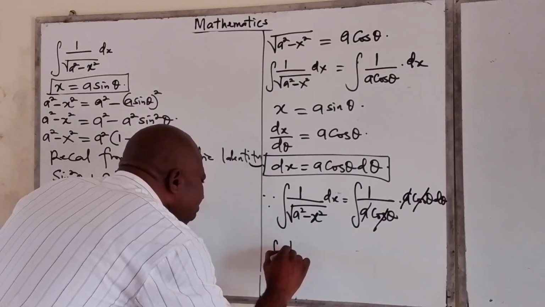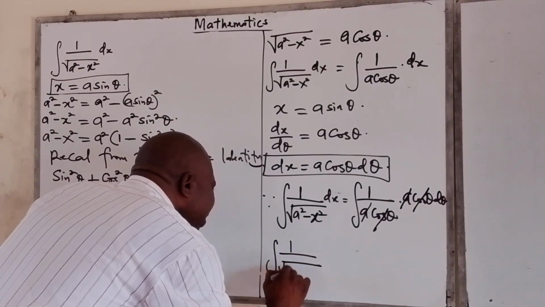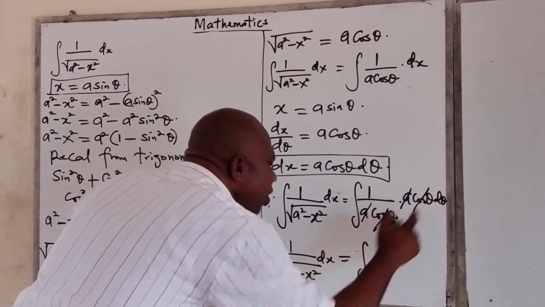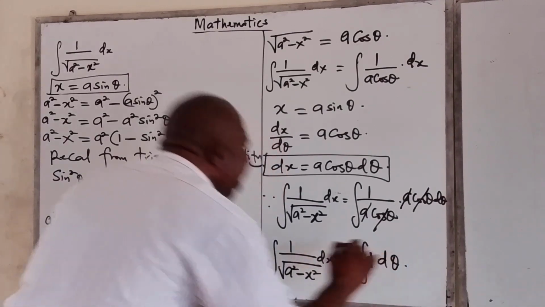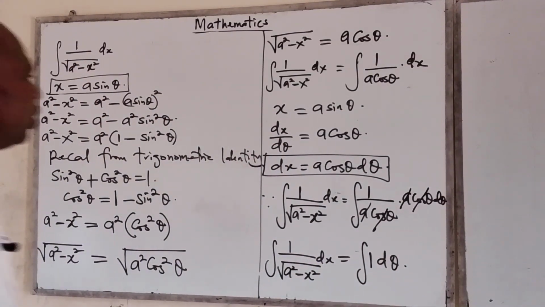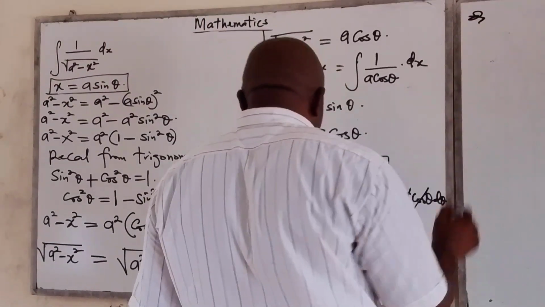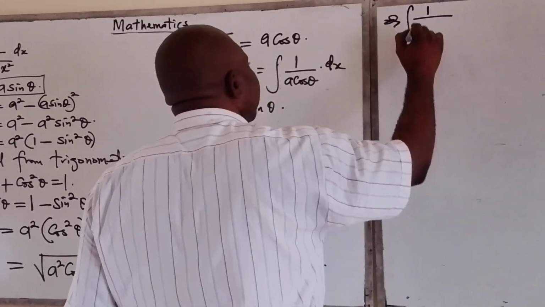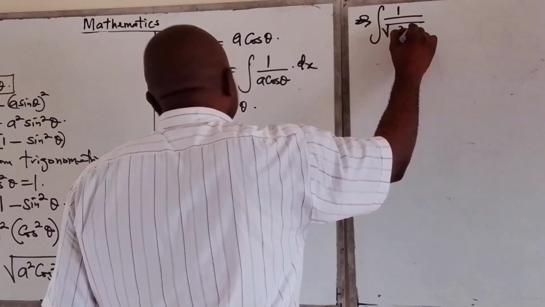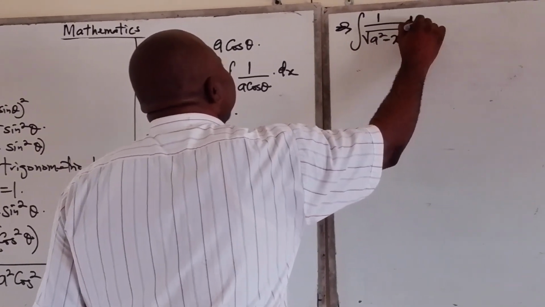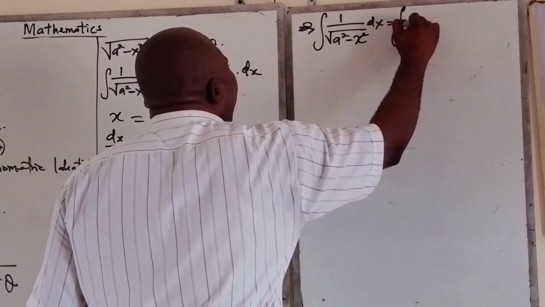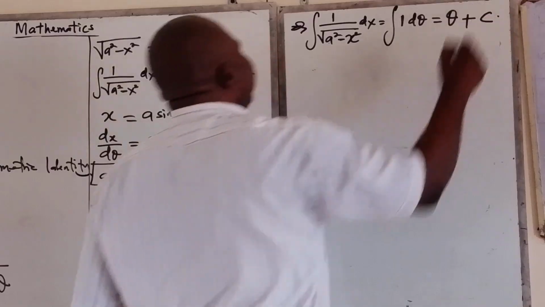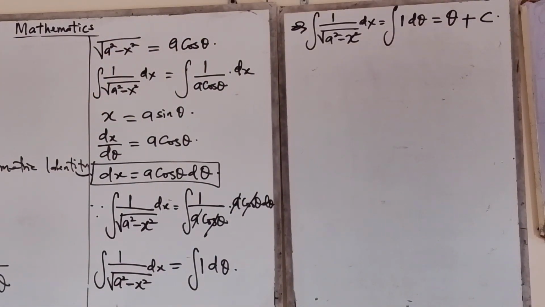So it means we have the integral of 1 d theta. When you integrate 1, it gives theta plus c.